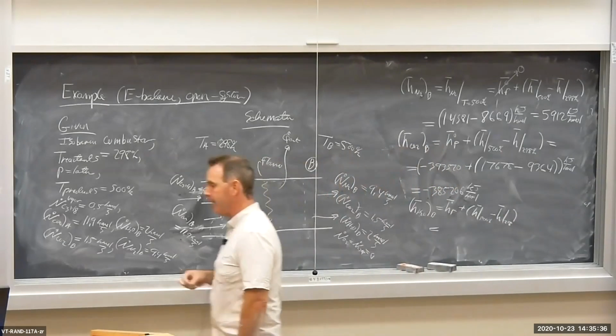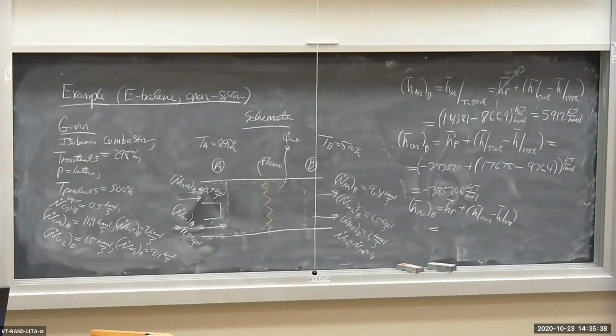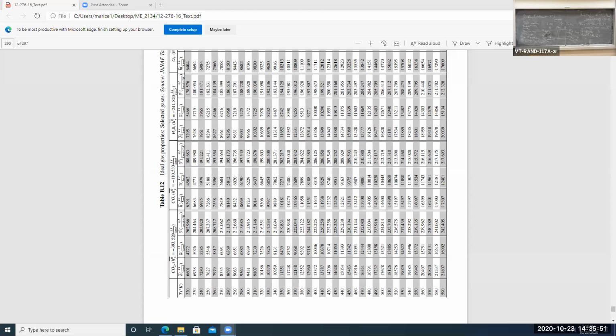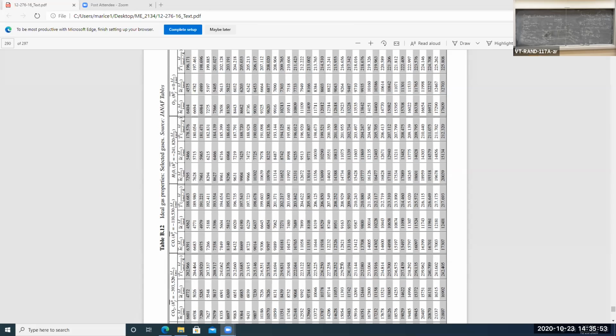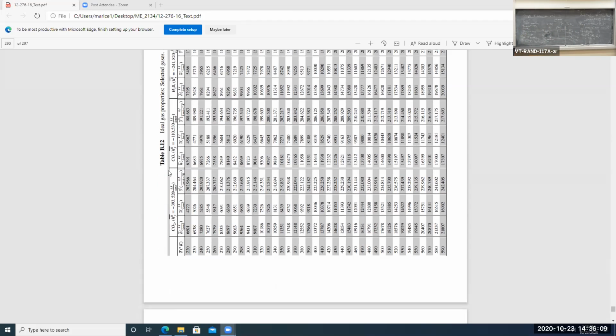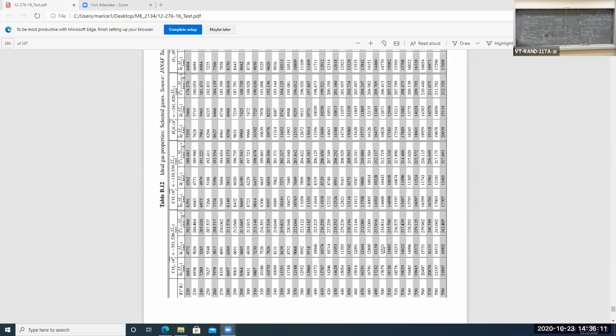Let's look at the H2O. Enthalpy of formation, negative 241,820. Negative 241,820 plus specific enthalpy at 500 minus that at the reference.